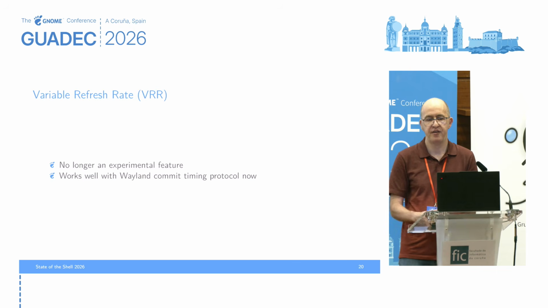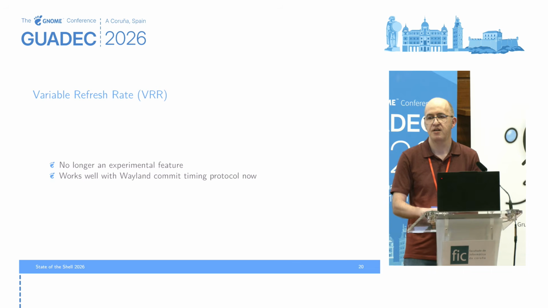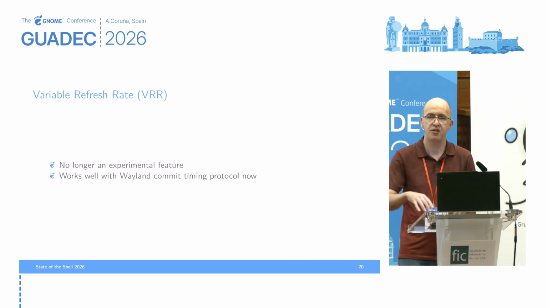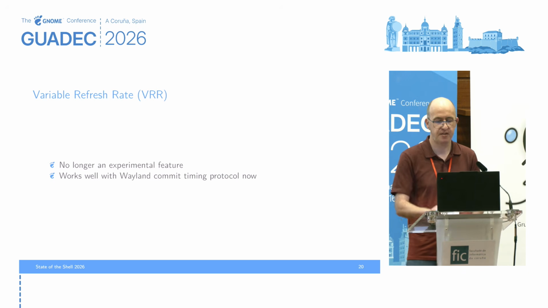Even when using VRR, it can be useful to prevent the frame rate from going above the maximum refresh rate, because then you will avoid some bad effects when the refresh rate kind of varies around the maximum. So this is useful for that.